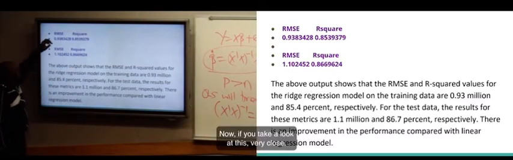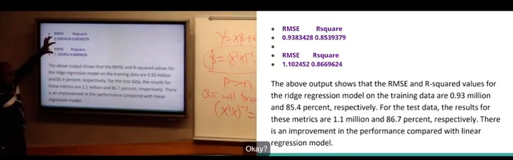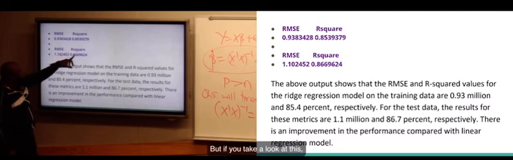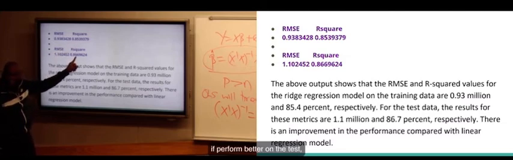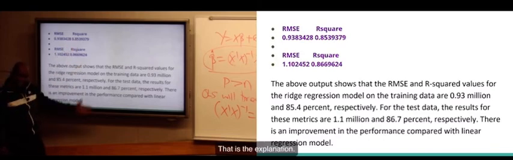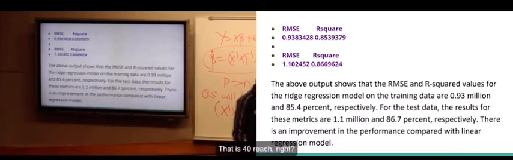If you take a look at this, it's very close. It performed better on the training, but still very close. But if you take a look at this, it performed better on the test. Looking at the R squared, look at that. That is the explanation for the ridge.